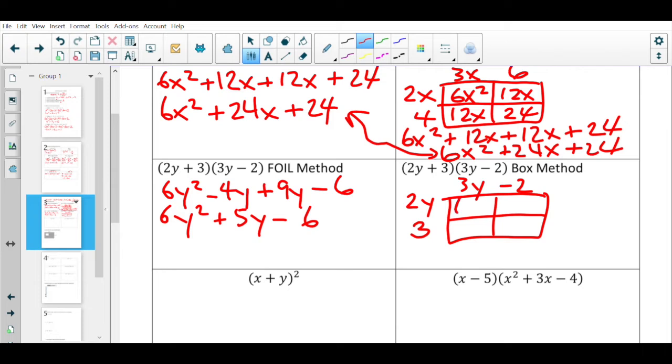What do we got? 6y squared, minus 4y, 9y, and minus 6. Let's add all those together. 6y squared. 9y and minus 4y is plus 5y minus 6. And there you go. The same result.